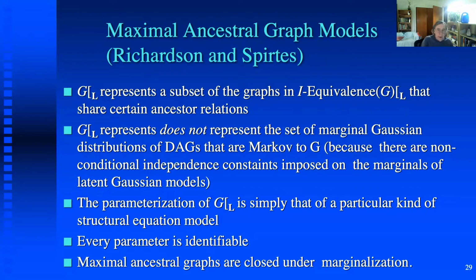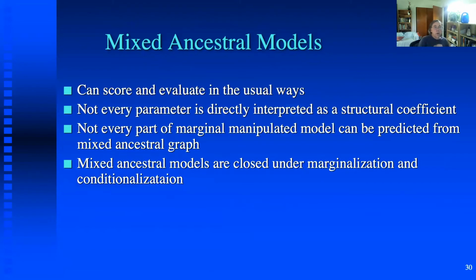All the parameters are identifiable, and the maximal ancestral graphs are closed under marginalization. You can score them for certain families of distributions in the usual ways fairly efficiently.